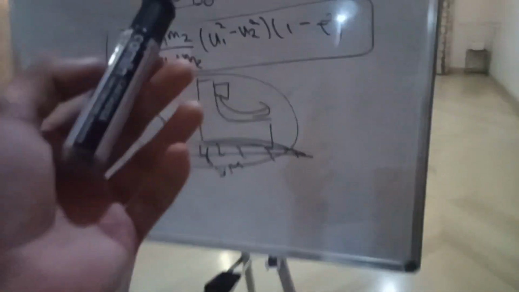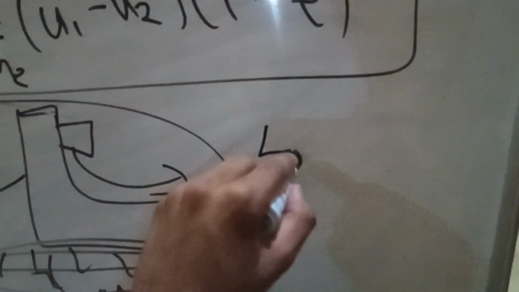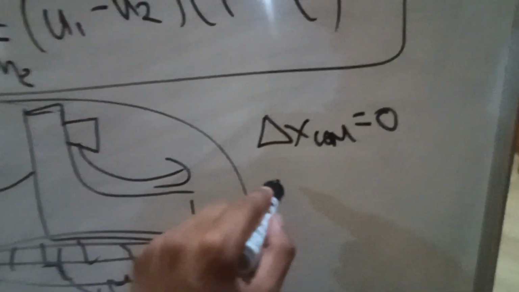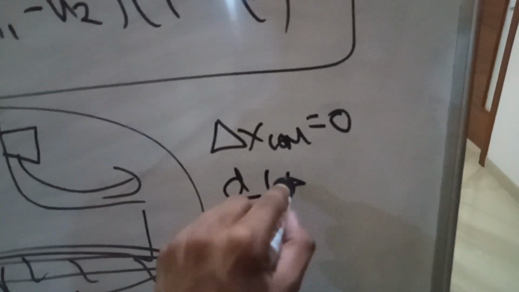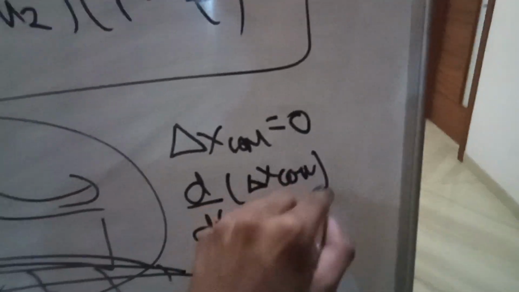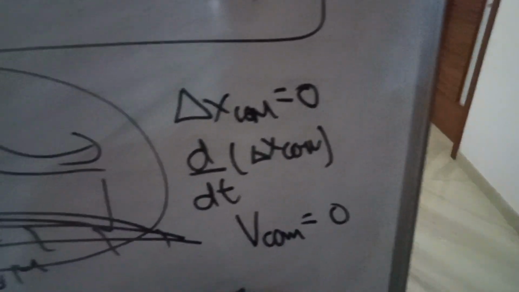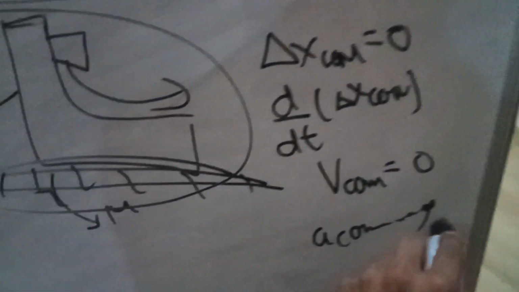But if you know the center of mass concept, then you can do that also. I will tell the clue: del x com will be 0, that's it. If you differentiate with t, d by dt of del x com will also be 0, so the velocity of center of mass will be 0. At the same time, the acceleration of center of mass also will be 0. With this, you try that one.